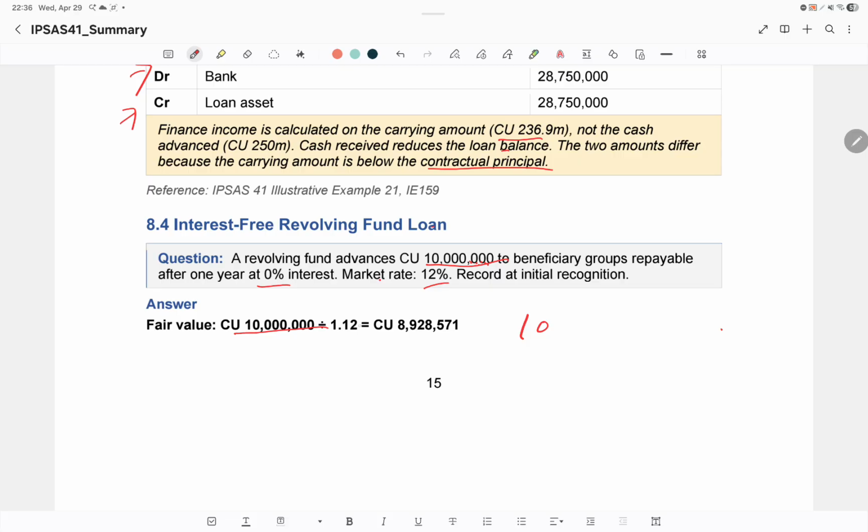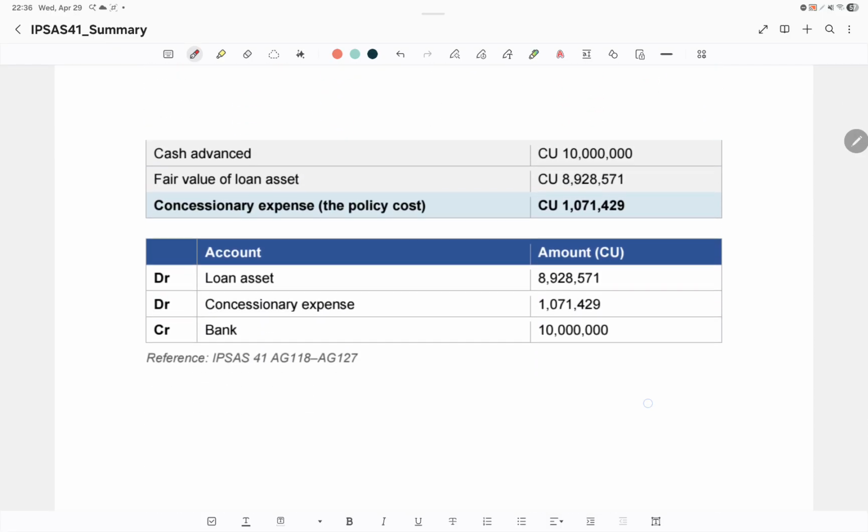So you discount this: 1 divided by 1 plus r power 1. Once you get the present value interest factor, you multiply here and you get something like this. The difference is an expense in your books.